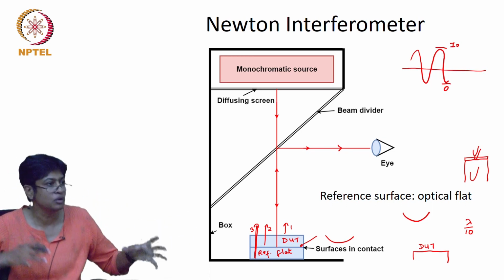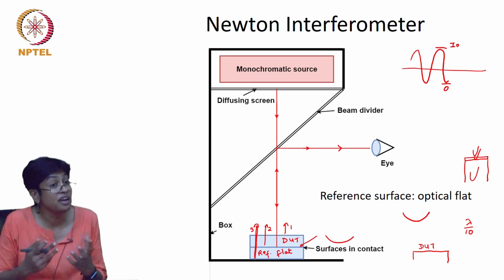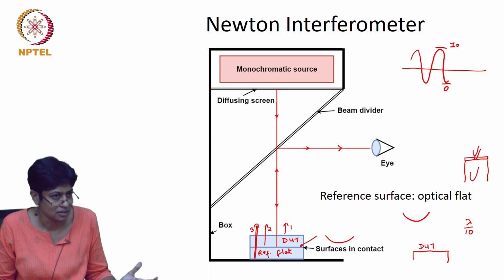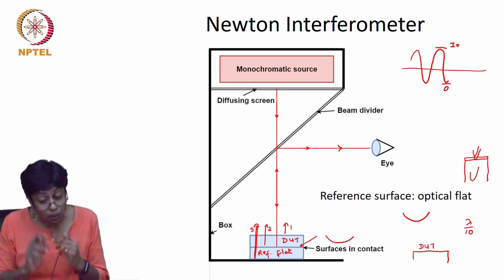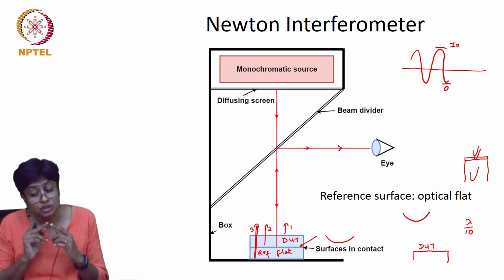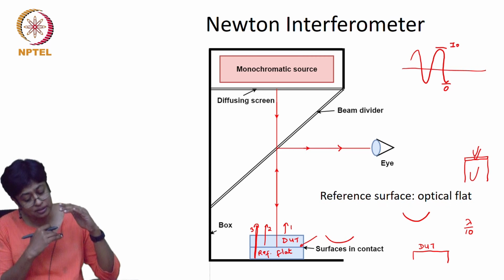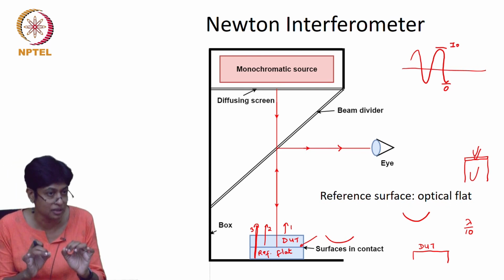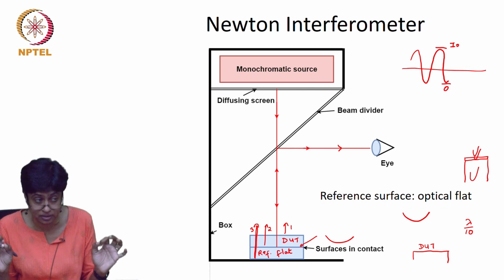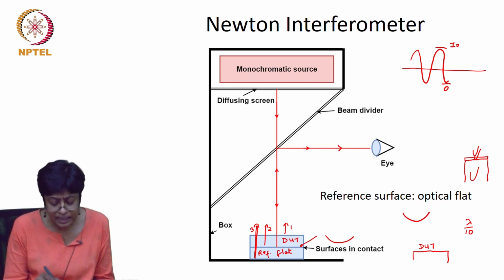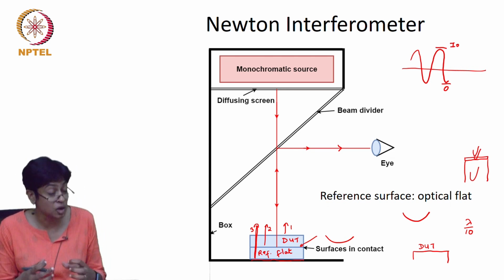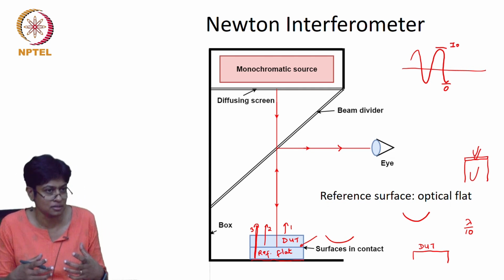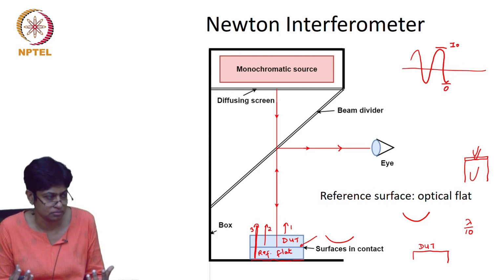It doesn't play a role in the interference, but it will affect the contrast. So, I don't really want to have a reflection. So, one is I ensure that the reference flat is large enough so that if there is a reflection, it doesn't play a role in the interference. And secondly, I can make this region dark or black or absorbing so that I minimize the amount of reflection.